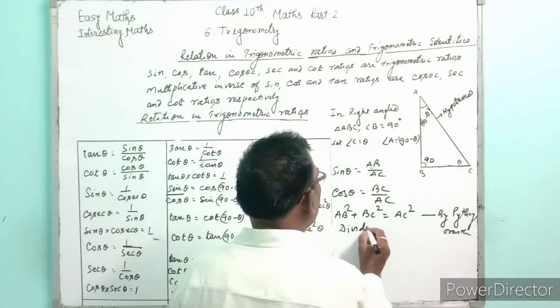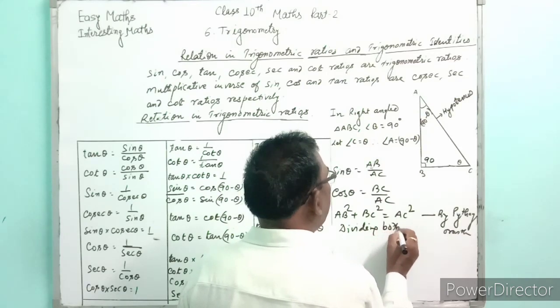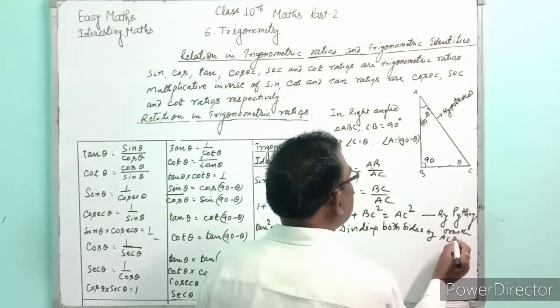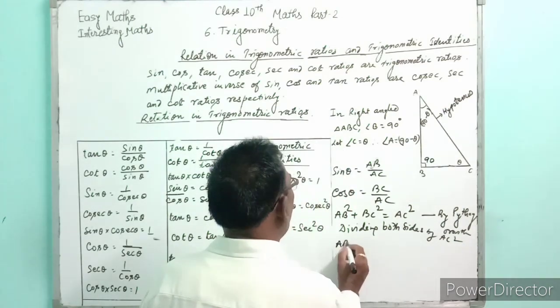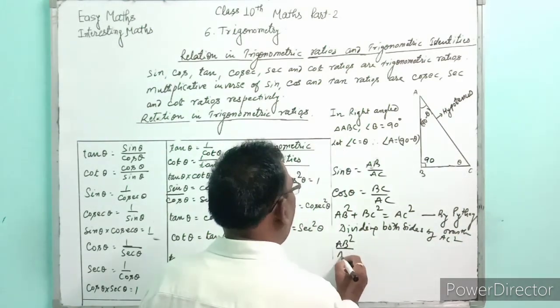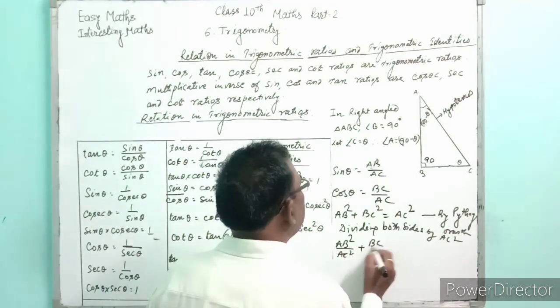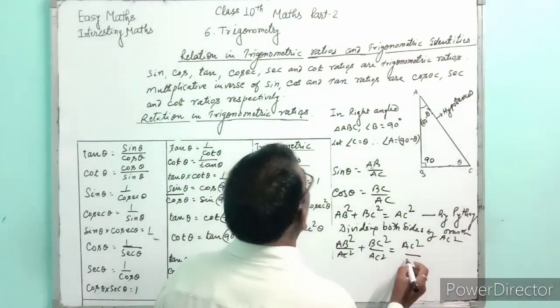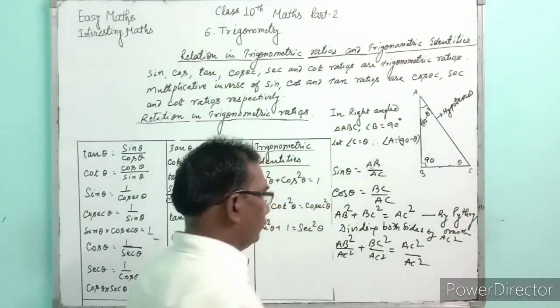Dividing both sides by AC square. So AB square by AC square plus BC square by AC square is equal to AC square by AC square.